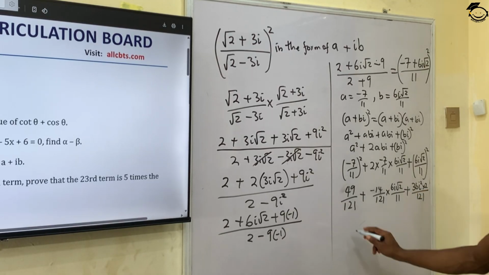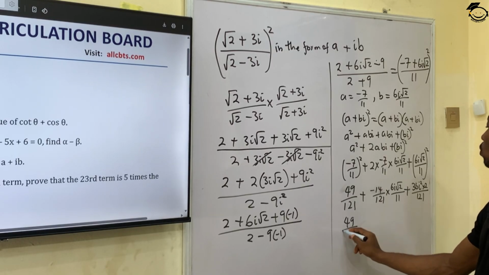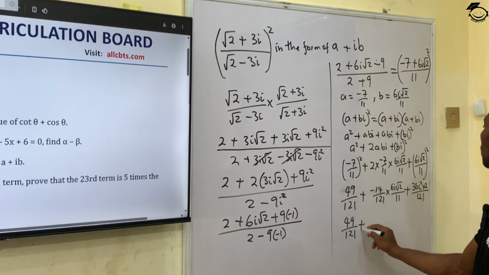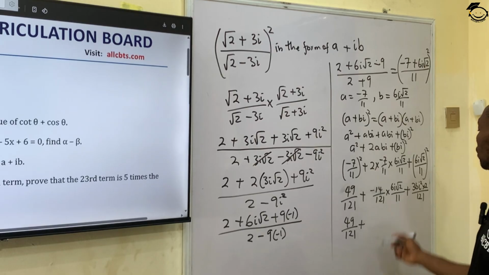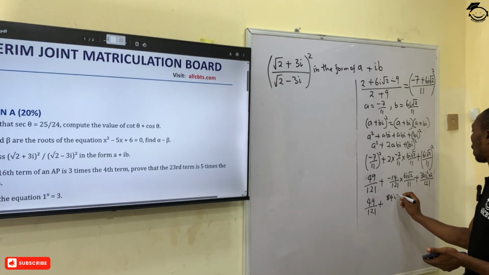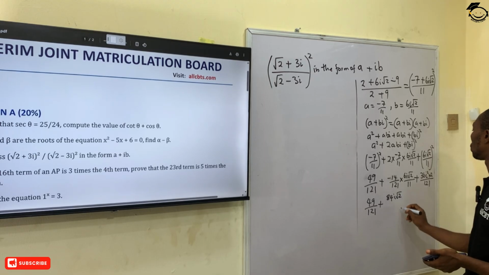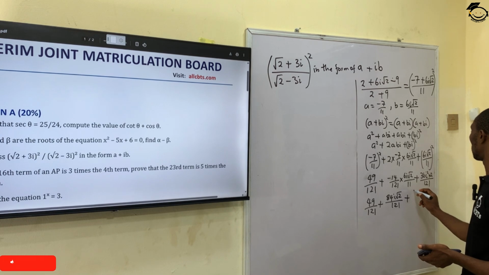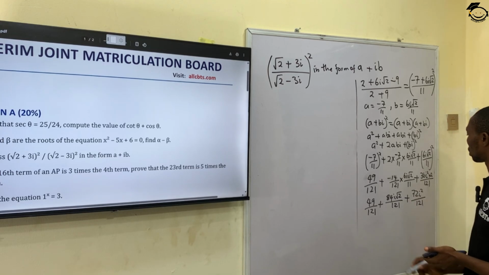Okay, so this will now give us 49 over 121 plus 6 times 14, 84i root 2 over 121, plus 36 times 2, which will give us 72i squared over 121.